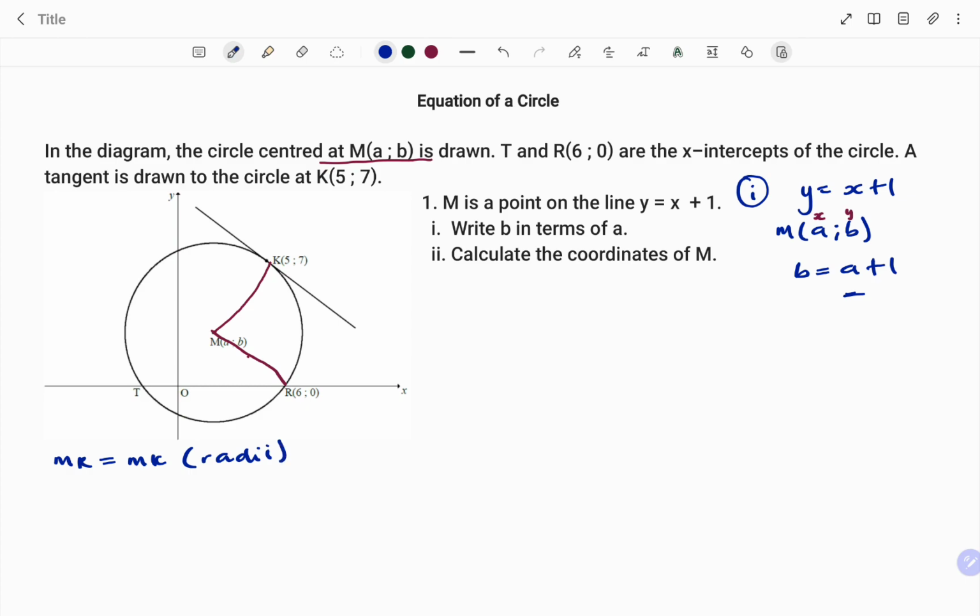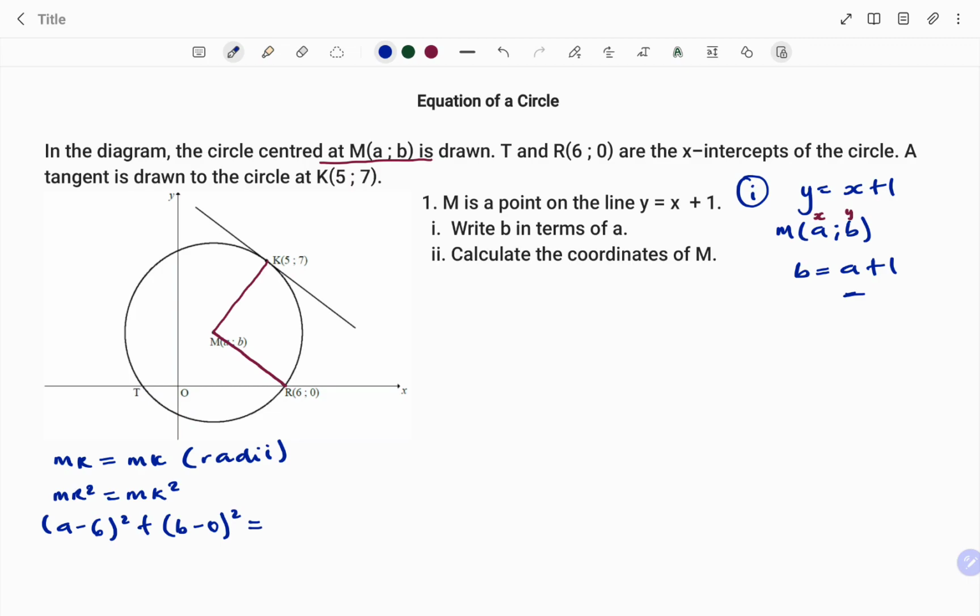So if I square both sides, I have MR squared equals MK squared. Using the distance formula, the distance MR will be the change in x values, so we have (a minus 6) all squared, plus the change in y values, that's (b minus 0) all squared, that's equal to MR squared.